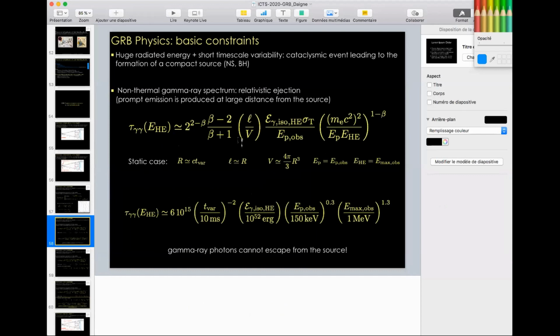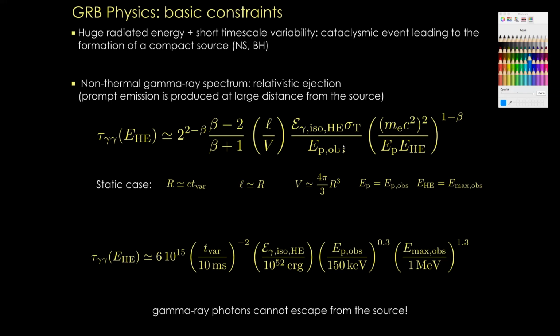The final result is this expression. So this is the number. It's not important. Here, it's a normalization, which is more or less the number of seed photons. You see, this is the total energy divided by the peak energy of photons.